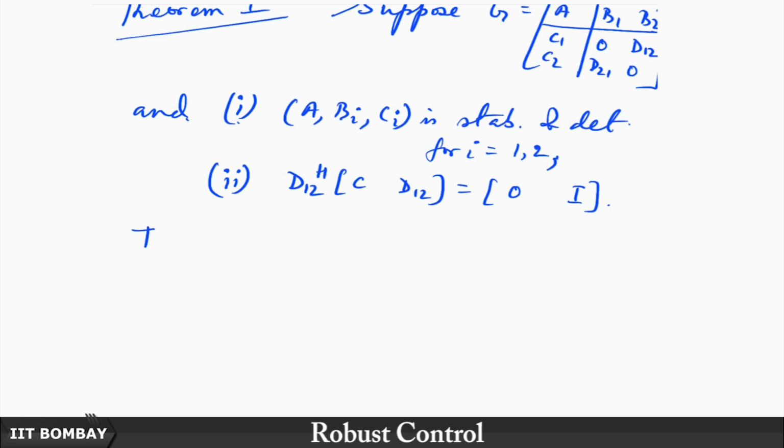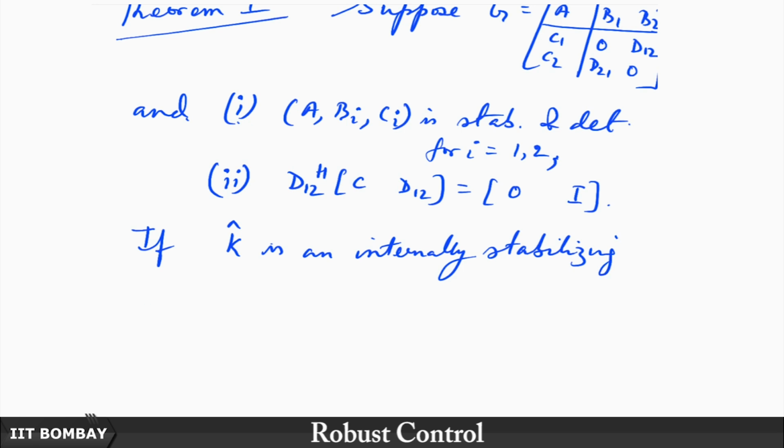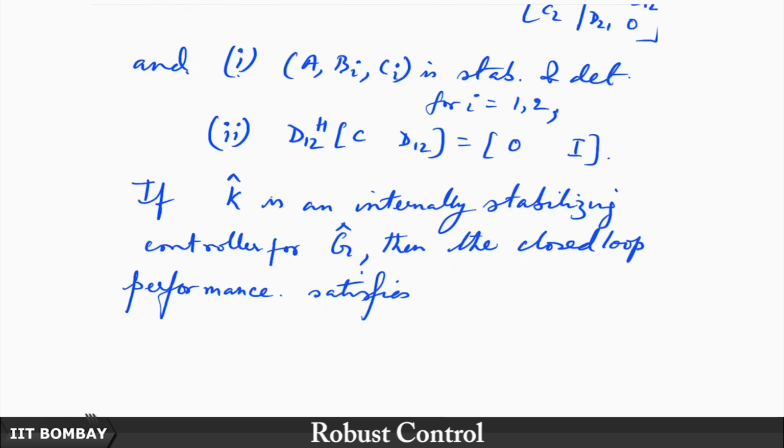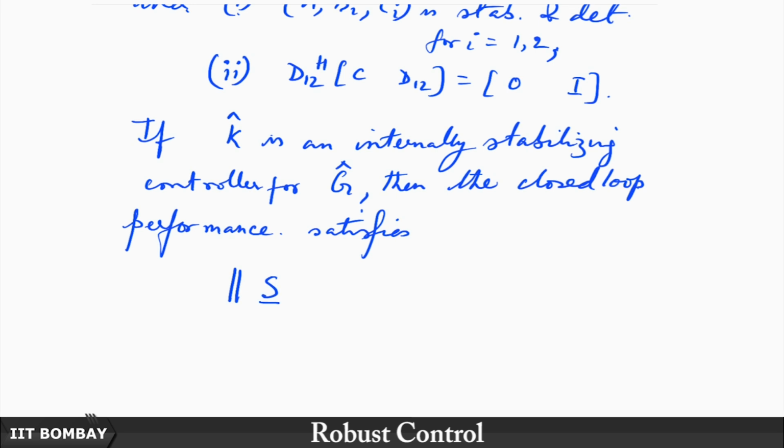So, this is the clause. Furthermore, if K hat is an internally stabilizing controller for G hat, then the closed loop performance satisfies, observe very carefully what we are doing.